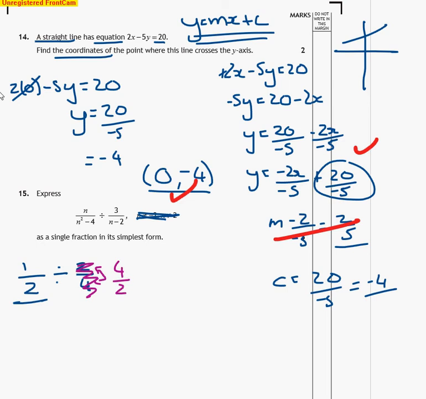So keep, flip, and I change this sign, and I multiply it. And that's going to give me 4 over 4, which is 1. And actually, if you look at what I was doing there, I was doing a half divided by a half, because 2/4 is a half, so that makes sense that it's 1. So keep, flip, change. That's what we need to remember. KFC, keep, flip, change.